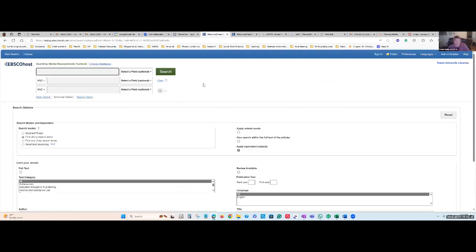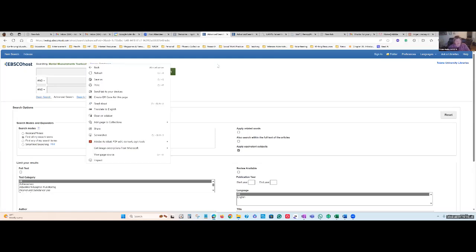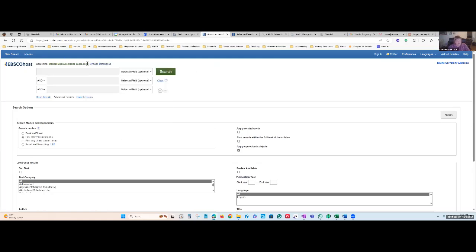One of the really valuable tools that we have, there are actually two of them through EBSCOhost. The first one is the Mental Measurements Yearbook. You can search this pretty much the way that you do any other search.